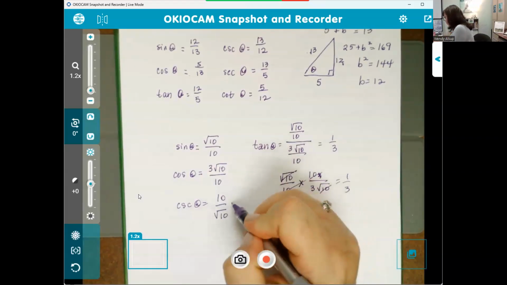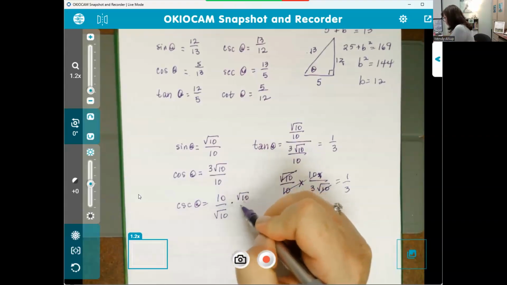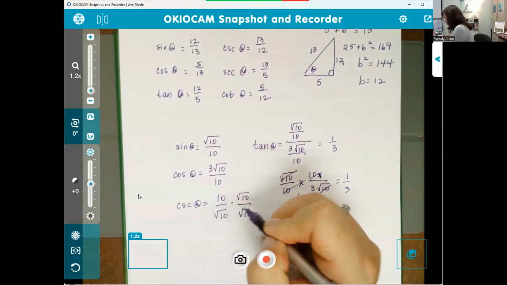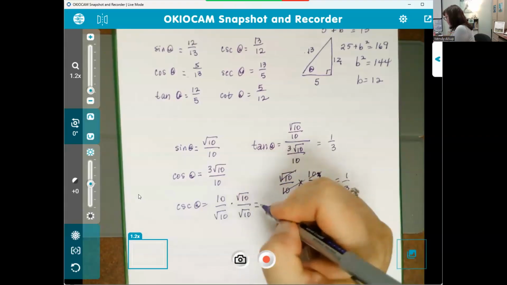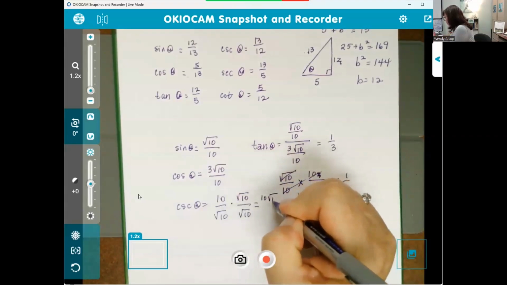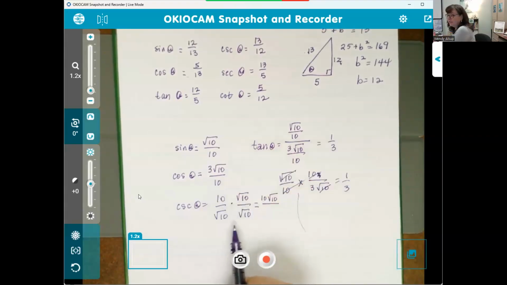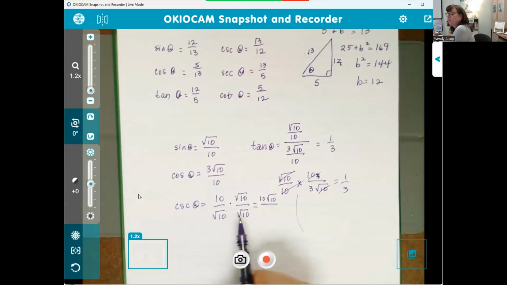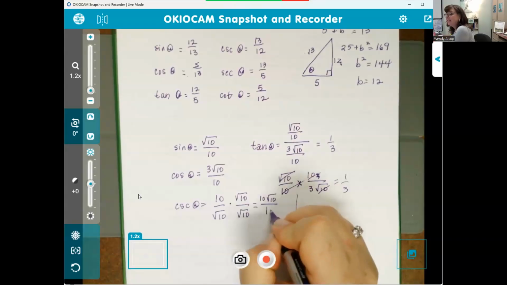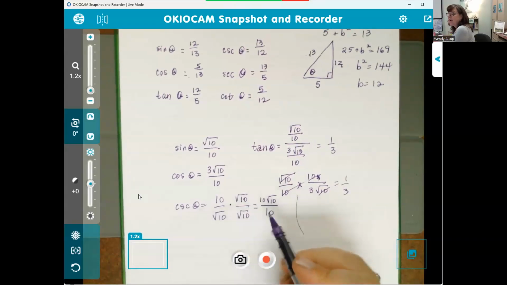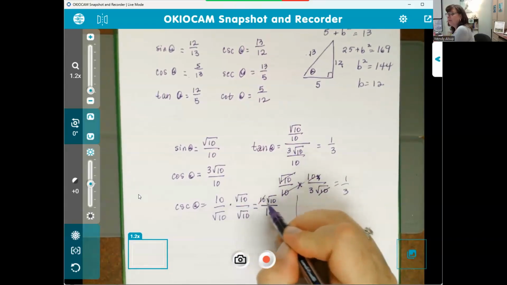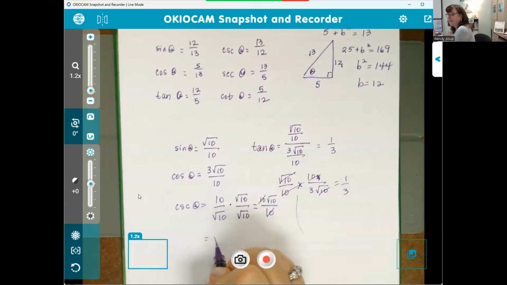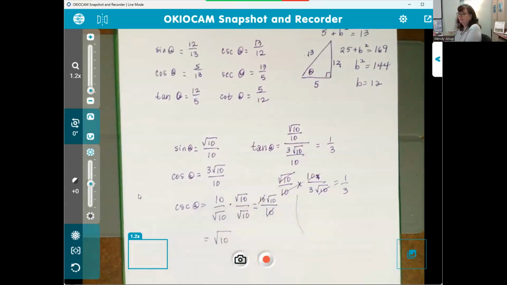So we're going to multiply the top and the bottom by root 10 over root 10. That gives us 10 root 10 up top. And root 10 times root 10 is the root of 100, and the square root of 100 is 10. Now, these two 10s will cancel out, and I get that the cosecant is simply root 10.